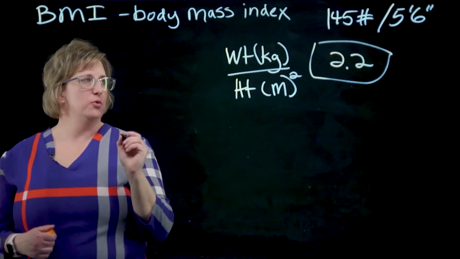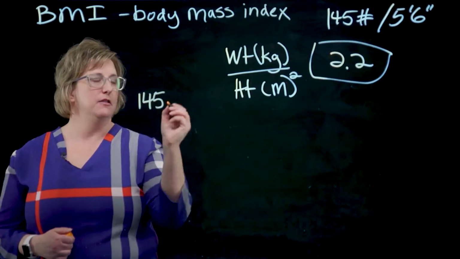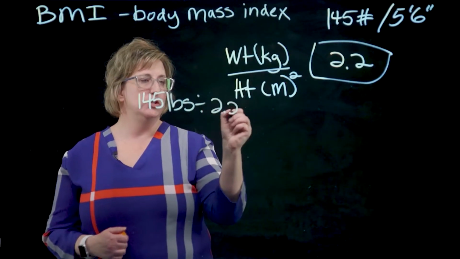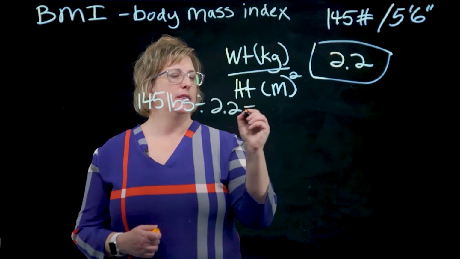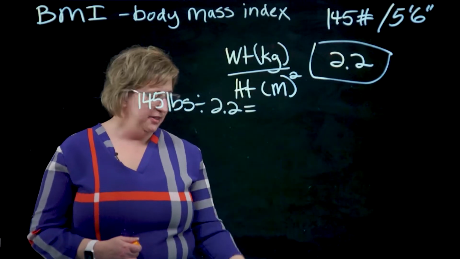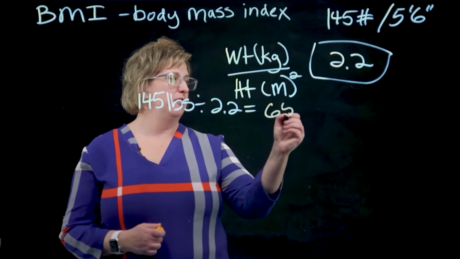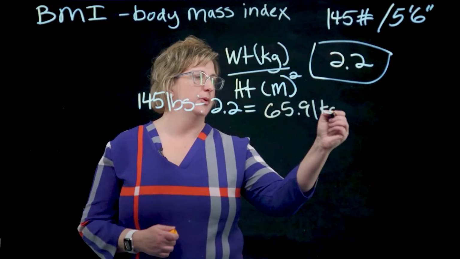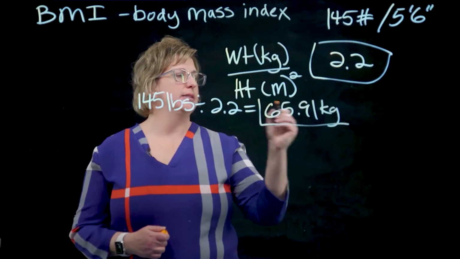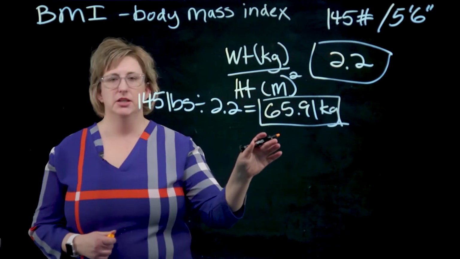So if I was trying to get the weight in kilograms, I would take the 145 pounds and I would divide it by 2.2, and that would give me, get your calculators out, work your math as we go through this, 65.91 kilograms. So a person who weighs 145 pounds weighs 65.91 kilograms. So that's one calculation that you need to know.